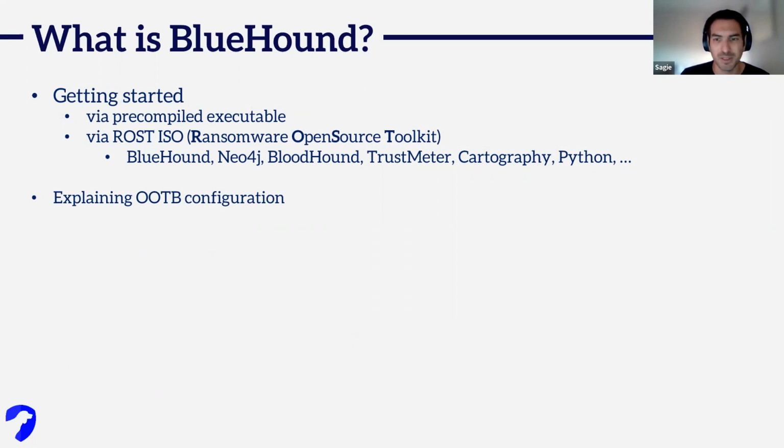Either you download it from our Git. It's an executable. It can run on Mac, on Linux, and on Windows. Or you can install it as an ISO. It's part of what we call the Ransomware Roast, the ransomware open source toolkit. It has a bunch of different tools in it, sort of like Kali, just for the defender's side.